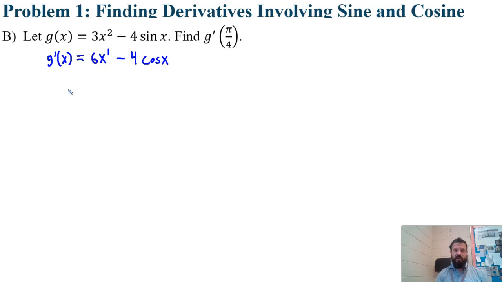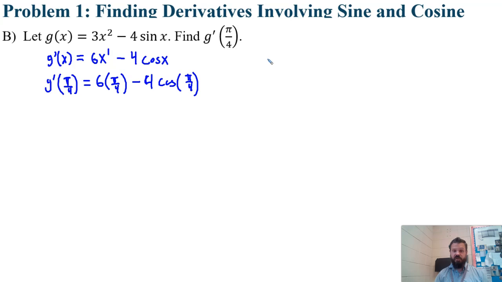And there we go, there's my derivative function. At this point, we can find g prime of pi over 4. It will be equal to 6 times pi over 4 minus 4 times the cosine of pi over 4.